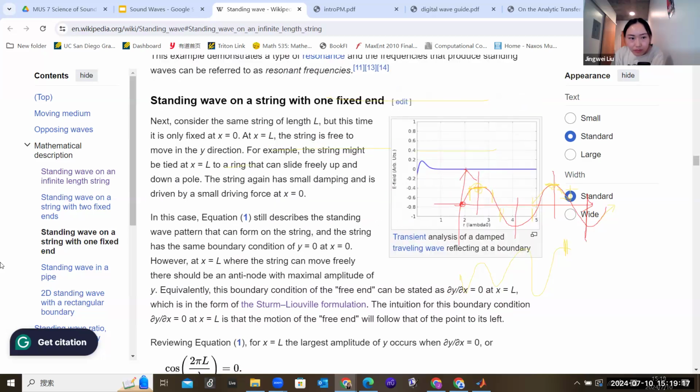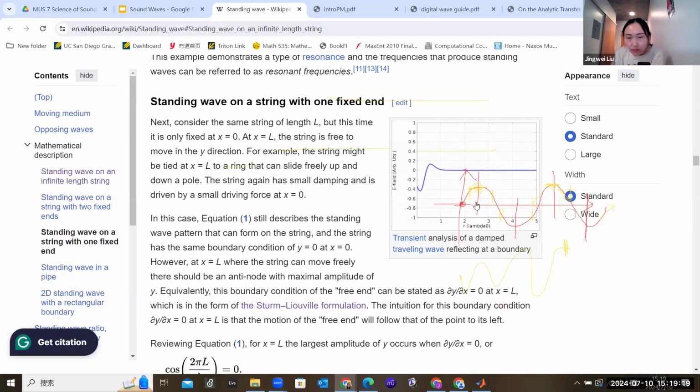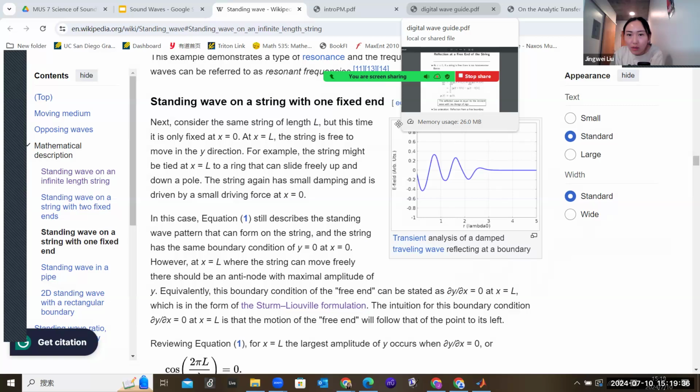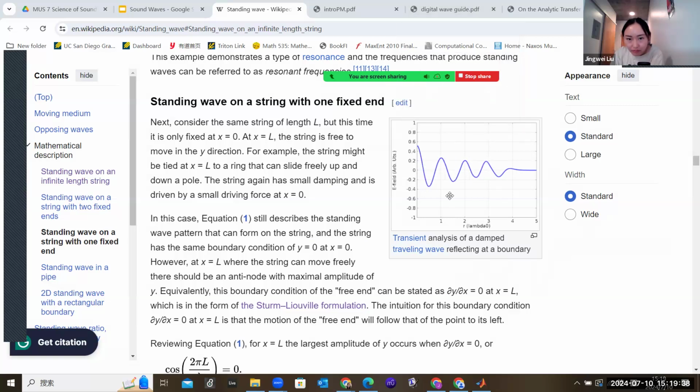This wave comes in and is reflected at the end, and observed in this position, this is at the largest amplitude. It's also at the largest amplitude at the free end.